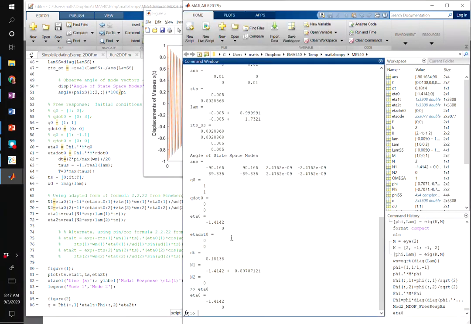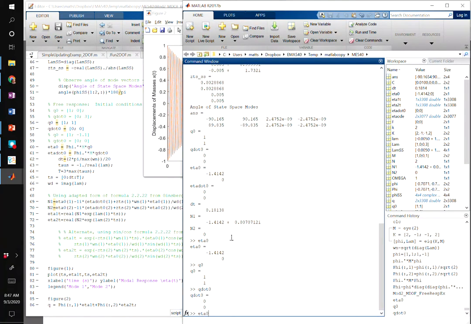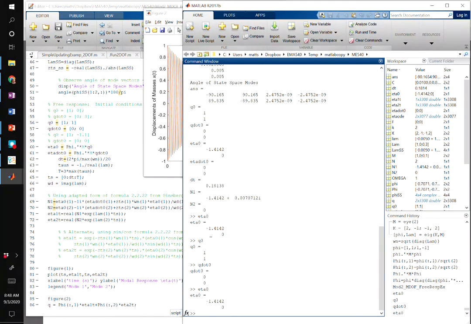So what I would get, eta 0, so remember we had q0, q dot 0. So eta 0 ends up being negative 1.4 and 0, negative square root of 2 and 0. So this particular initial condition ends up exciting only one of the modes.